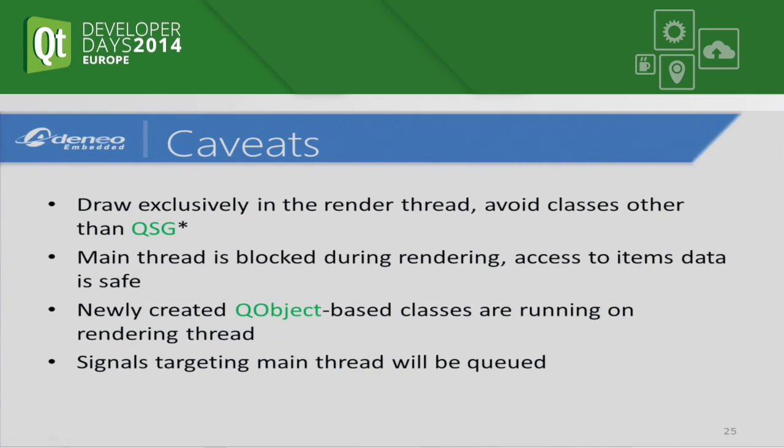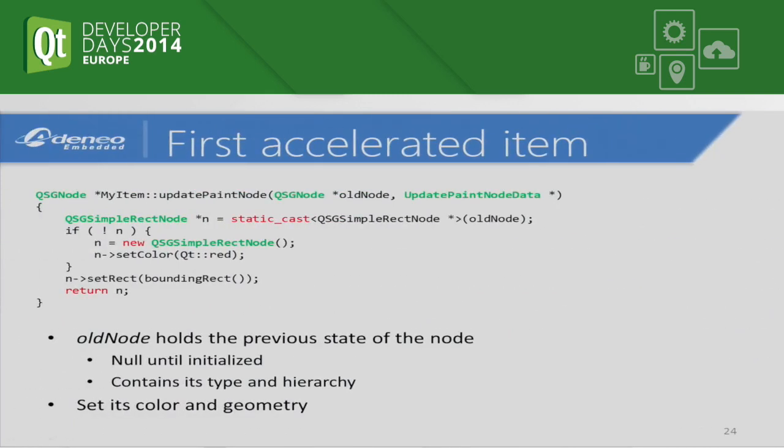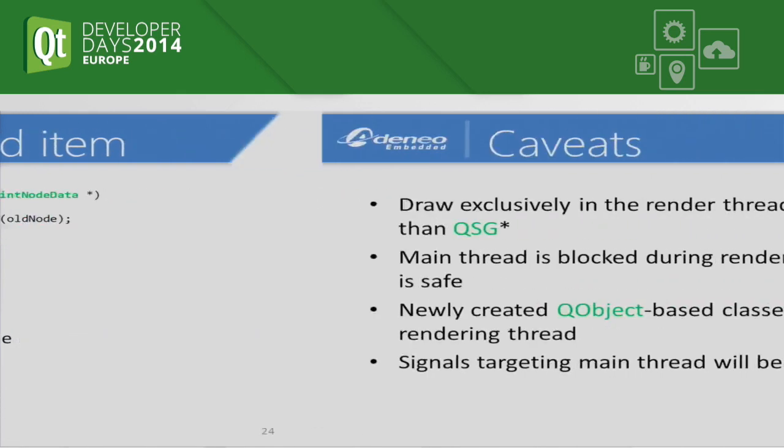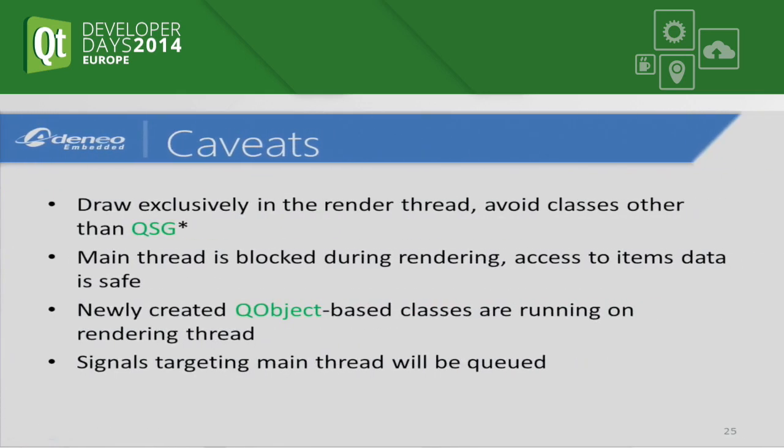Some things to be careful of when you are in this part. Yes, you have to draw only in the render thread. So only when this method is called, and only from this one, you have to create your object and make changes to them, etc. Because the rendering is done in a separate thread, and that creates, of course, as always, as soon as you have threads, problems if you don't pay attention to this.